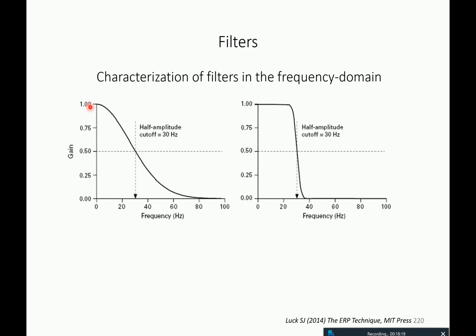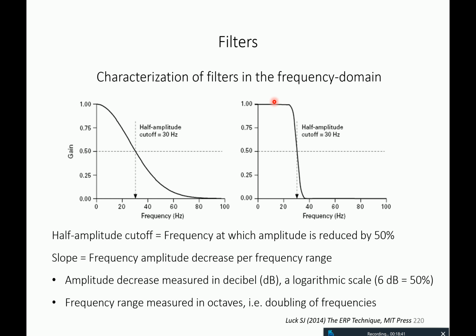That means if you have this kind of sigmoidal shape, that here for 30 hertz you have an attenuation of 50%. And the same thing you would have here. The difference is definitely this slope.